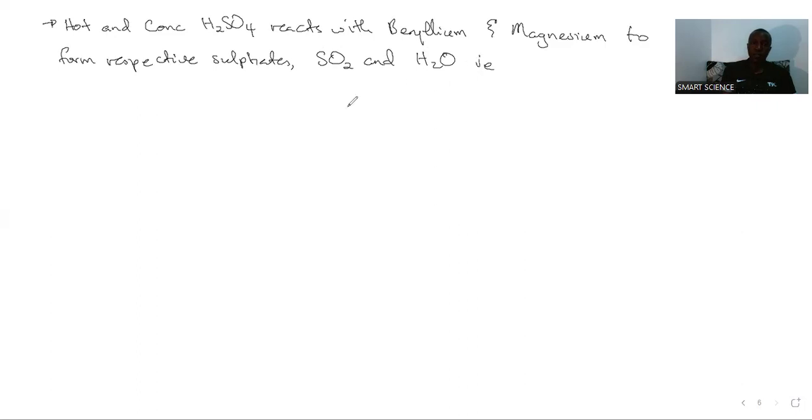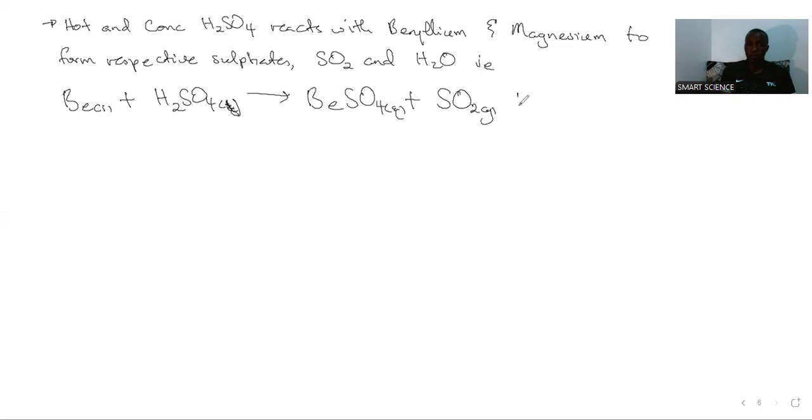So i.e., if I have beryllium, I react it with sulfuric acid. This one can be represented with a liquid. We shall form beryllium sulfate, aqueous. We shall form sulfur dioxide. We shall equally form water. And balance, I realize that we are multiplying sulfuric acid by 2. Definitely water will also be multiplied by 2.